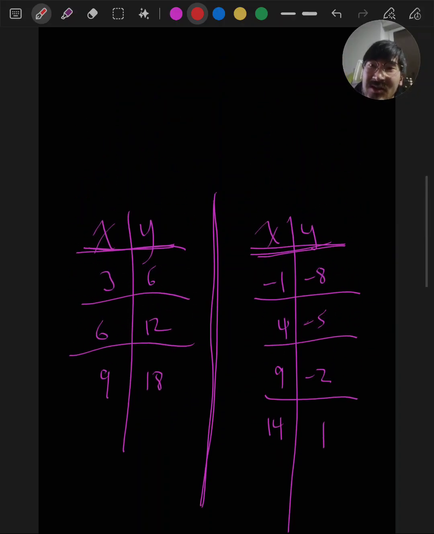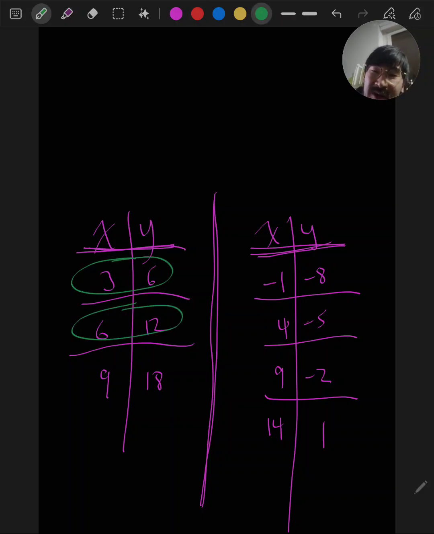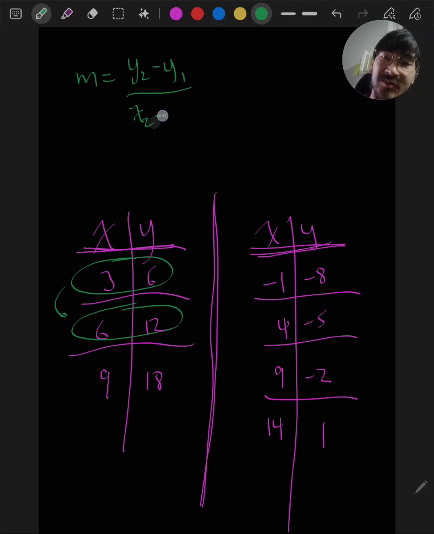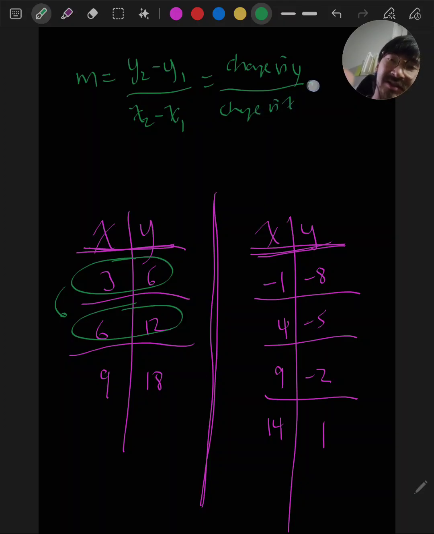The way you do that is you check, for any two pairs of points you choose, these two rows, the slope, which is m equal to y2 minus y1 over x2 minus x1, or another way of saying that is change in y over change in x, equal to rise over run. There are many ways. So delta y over delta x. I'll talk more about that later, but just watch what I'm going to do.